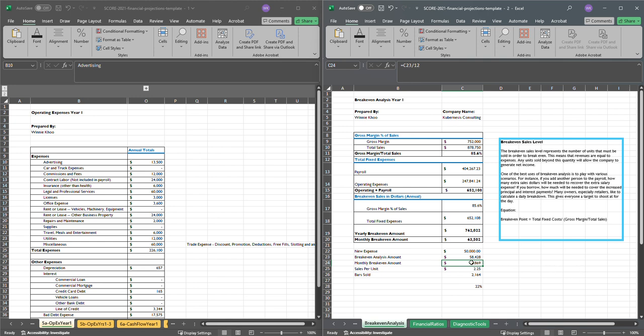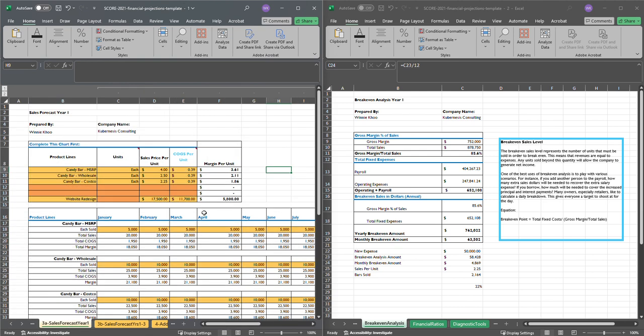Now what does that mean, $5,000? If we go to the sales tab, where's the sales forecast, we see that these are the sales per unit. Conservatively, the lowest price point for sales is Costco.